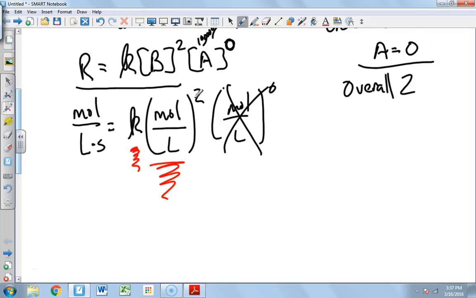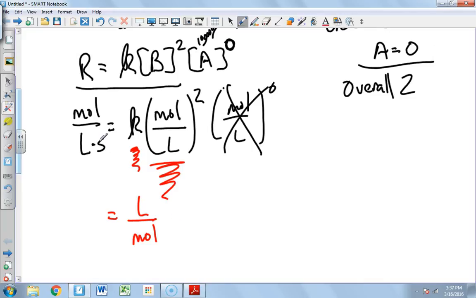So if we have a squared, how many moles do we have to get rid of? Well, K is on the same side of the equation, so we have to put moles on the bottom to get rid of one of the moles. And now we have 2 liters, so we have to get rid of a liter in order to get just 1 on this side.